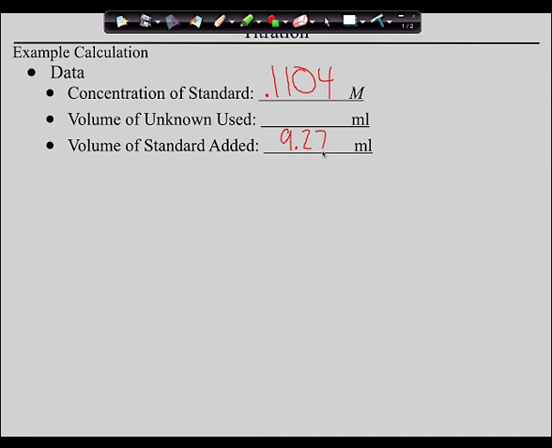Now guys, forgive me, I forgot during the lab to do this. If you go back up to step 12, it says fill the 10 milliliter graduated cylinder with the acid. We forgot to record the volume. That's our unknown, right? We don't know the concentration of the acid.